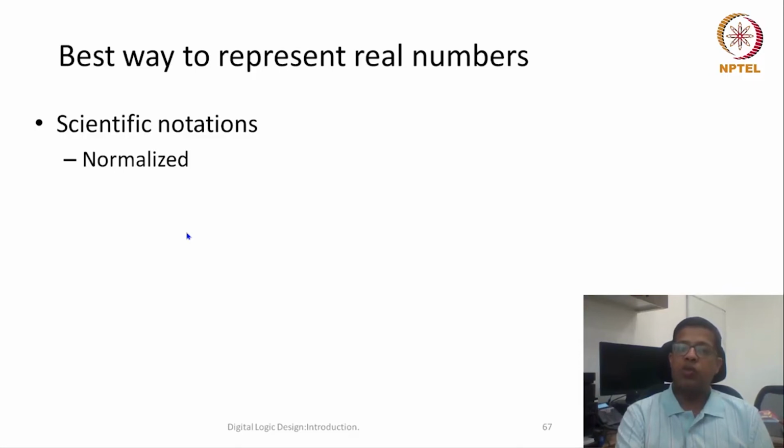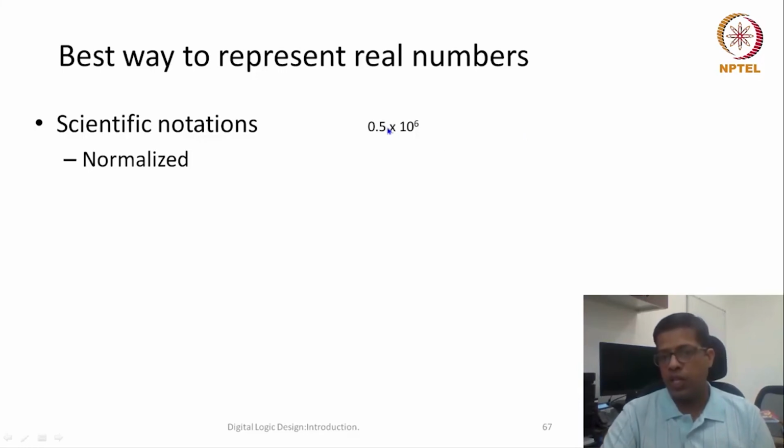So let's spend some time on understanding what normalized means. Although all of you understand that, this is for revision's sake. Let's say this is a number in a decimal system, 0.5 into 10 to the power 6. Is it normalized? No. A normalized number will have a non-zero significant, only one digit before the decimal point. Before the decimal point there has to be one non-zero digit, and after the decimal point there could be any number of digits.